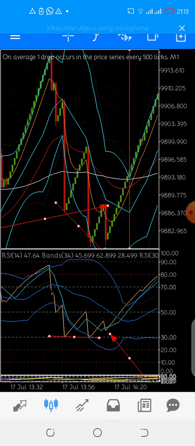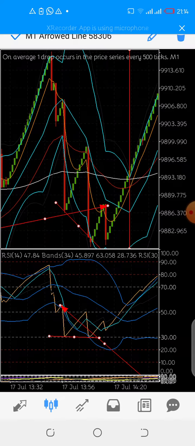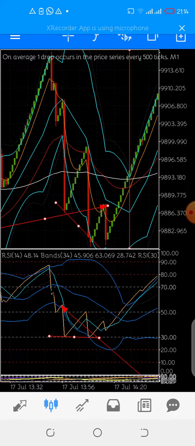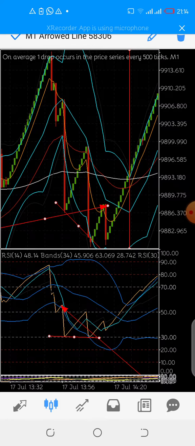Okay, so for the bottom TDI, before the market was going back into the band, it reached the moving average 2, and it crashed.